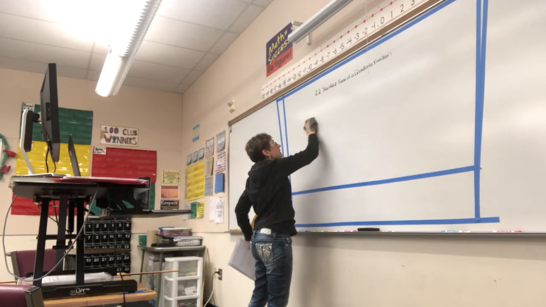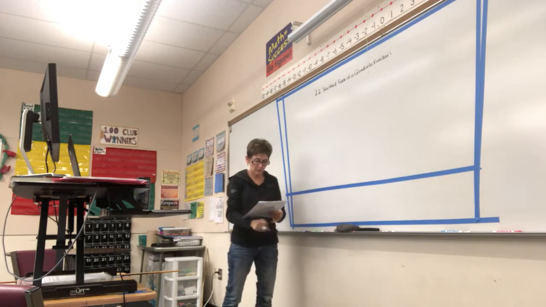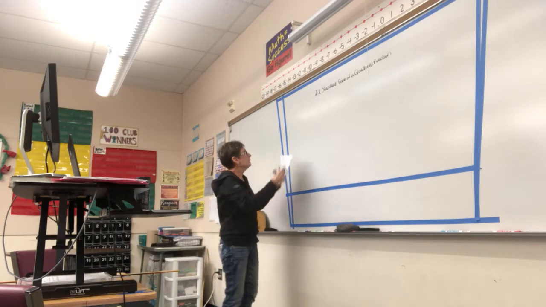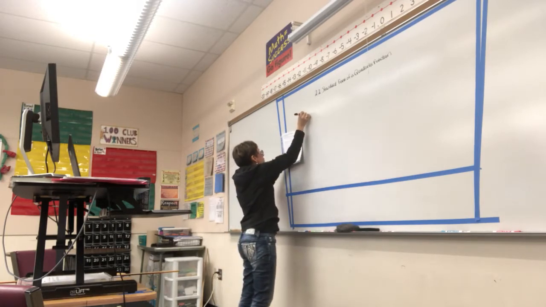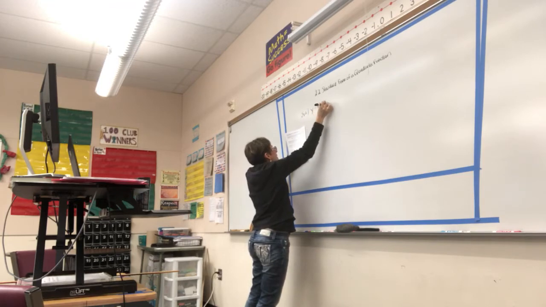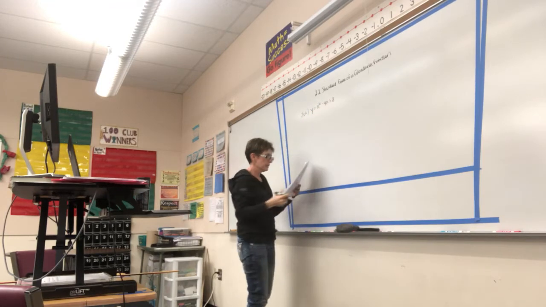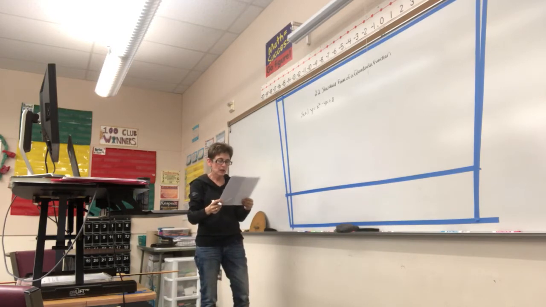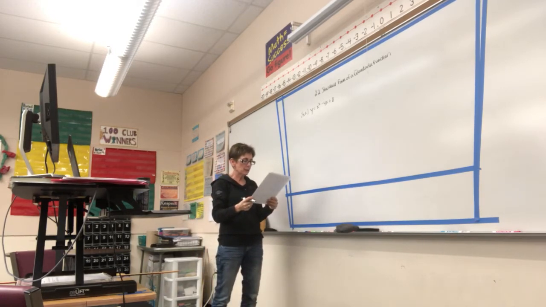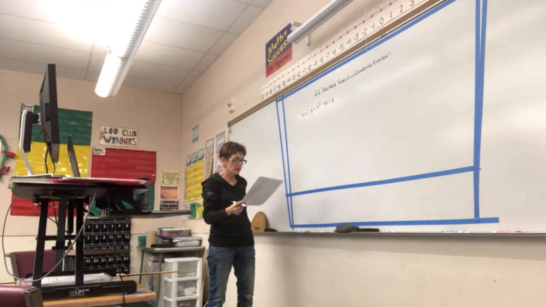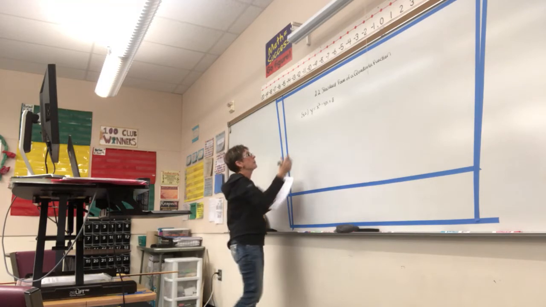Now let's take a look at our second example. For example number 2, we're looking at the quadratic function y equals x squared minus 4x plus 8. We're going to use the vertex and y-intercept to graph the function, and then label the vertex and y-intercept as well as the axis of symmetry.